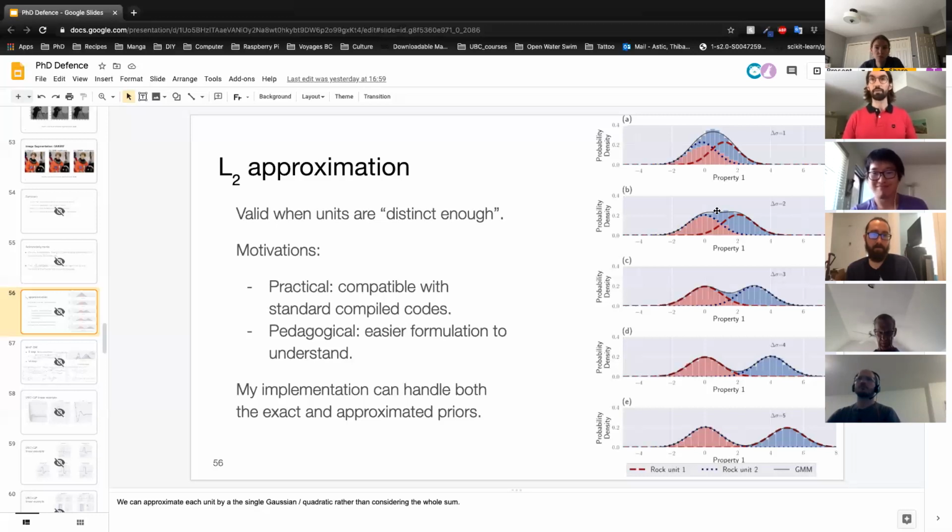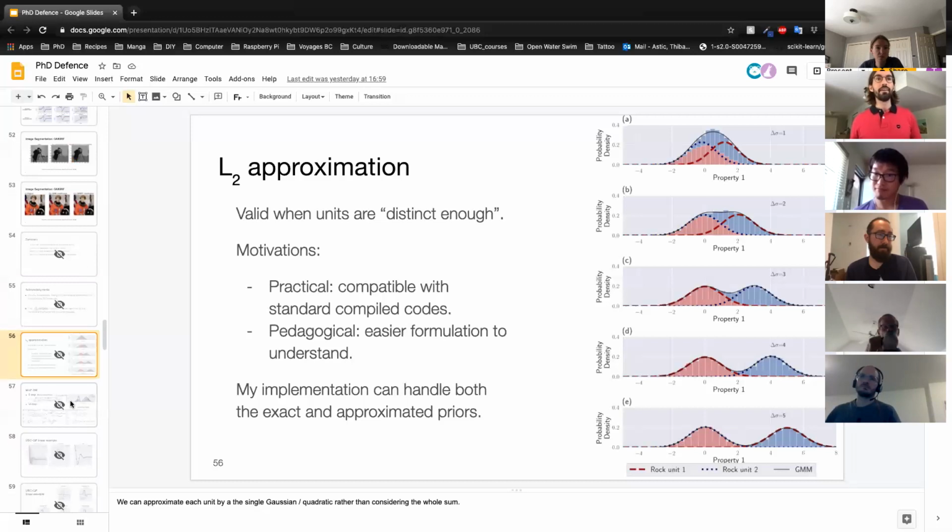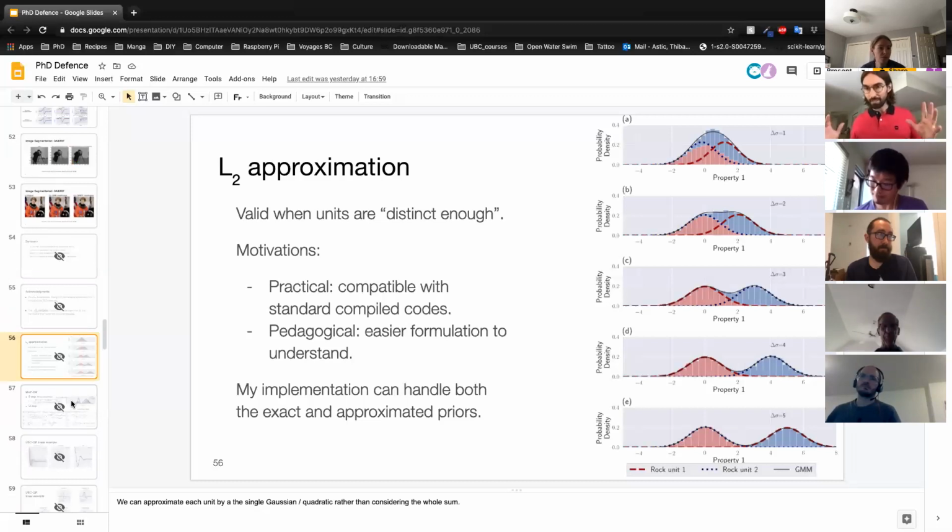The second one was more of an educational reason. You saw that big prior, with the product of the sums of different terms, then you put an additional minus log in front, and plug it into an objective function.